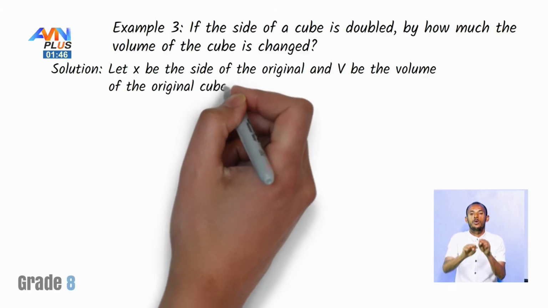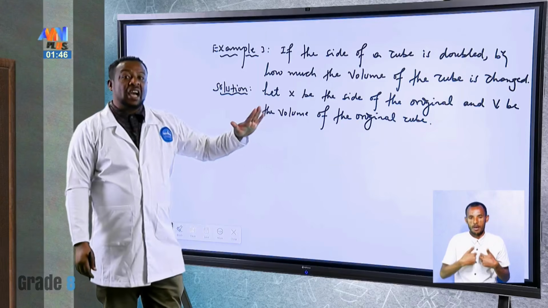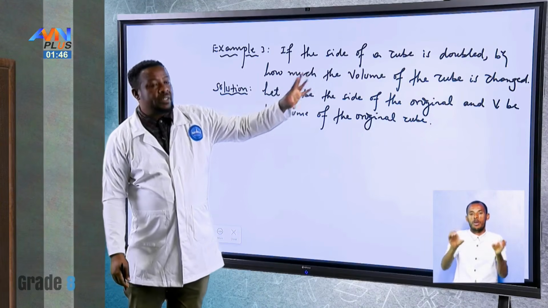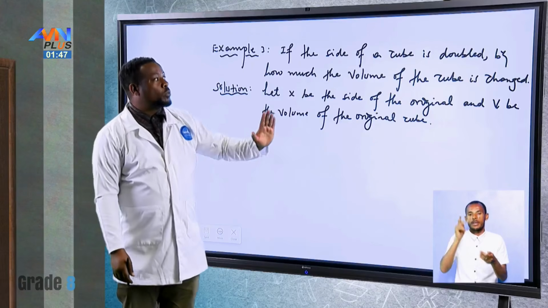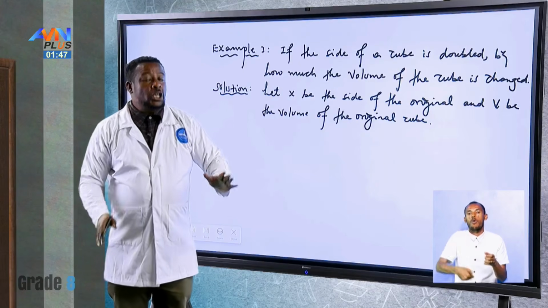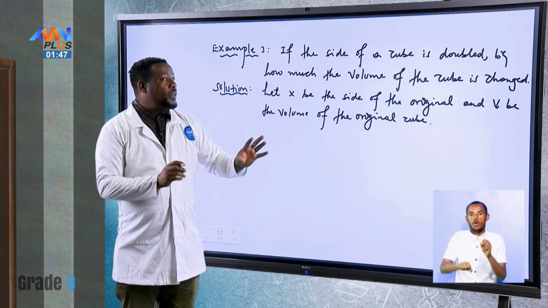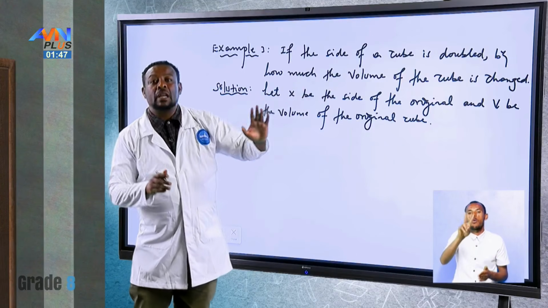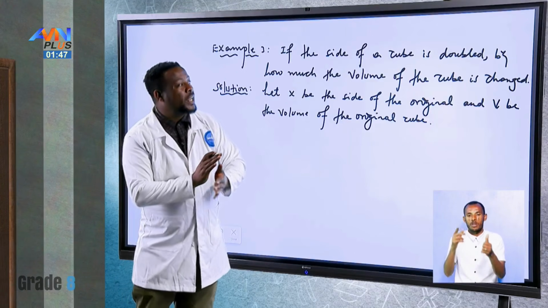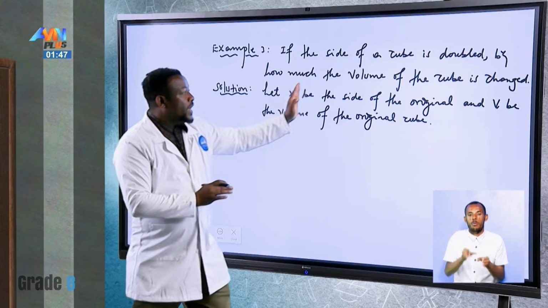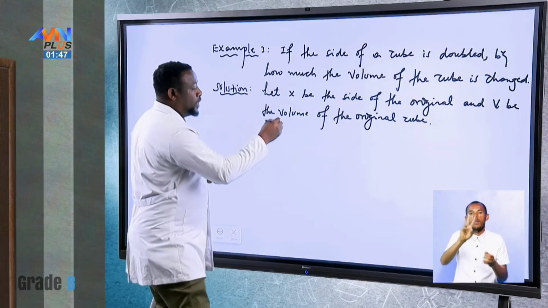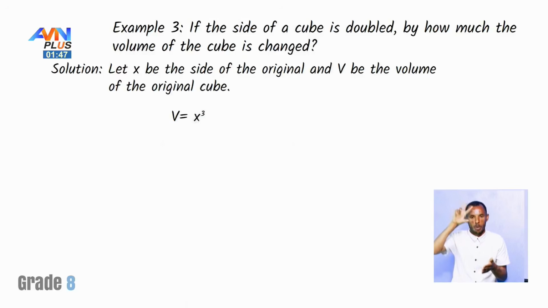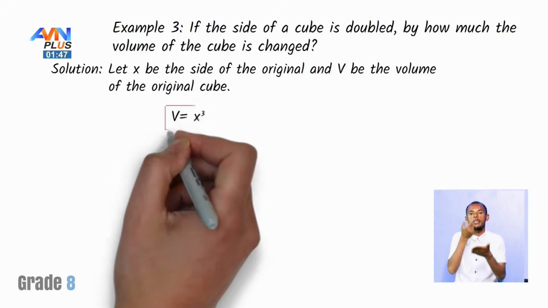We don't have an exact number for the side of the cube, or a value for the volume of the original cube. So we can represent the side by x and the volume by capital V. If x and V are given, we know that V becomes x cubed. Okay, take this as it is.